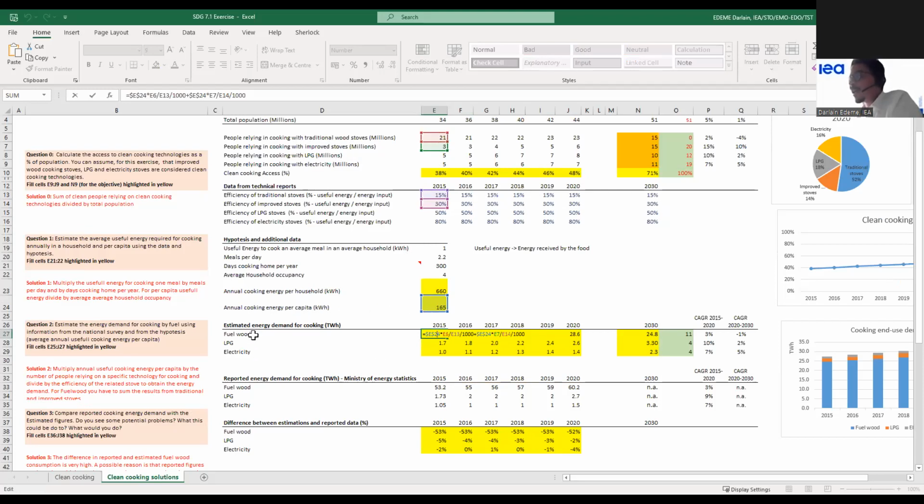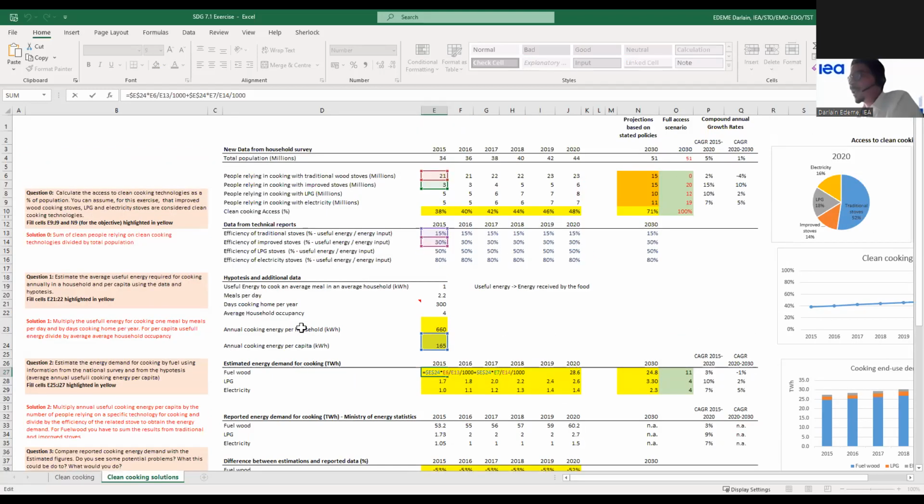So in this case, you can calculate the estimated energy demand for each specific stove depending on the technology, and then multiply that value by the number of people who actually rely on that specific stove for cooking, whether it's traditional wood, improved wood, LPG, or electricity.